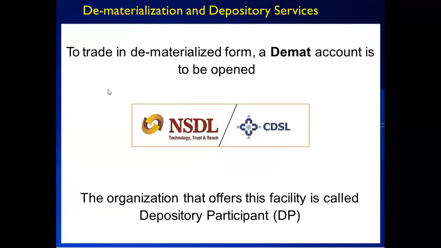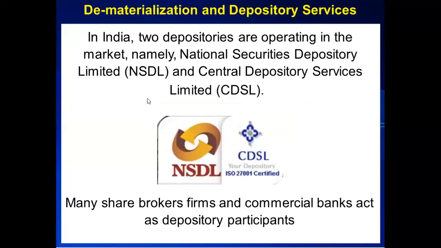So when we need to trade in a dematerialized form, we need a demat account. A demat account can be opened with a depository. You can see the two names here. This is the logo of both NSDL as well as CDSL. The organization that offers the facility is called a depository participant. We already said the institution that offers a demat account to a shareholder is called a depository participant.